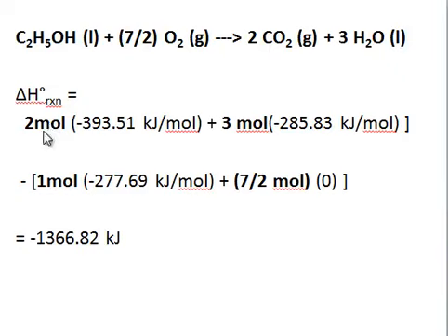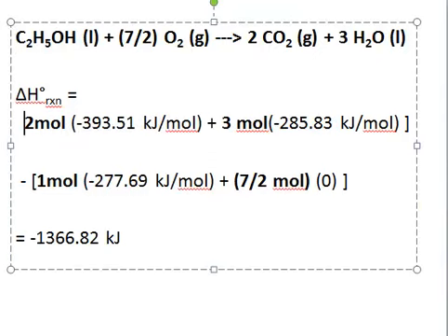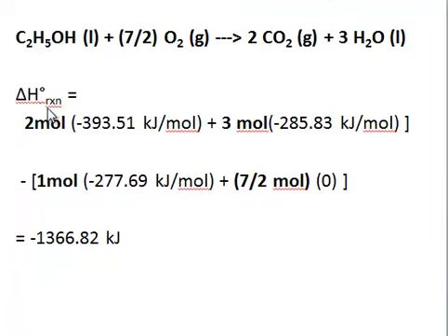First we take the products. This looks very similar to our previous calculation. Coefficients, exact numbers again from the balanced chemical equation, are multiplied by heats of formation from the table: 2 moles for CO2, 3 moles for H2O. Those two terms give us the products here. 2 times this plus 3 times this.